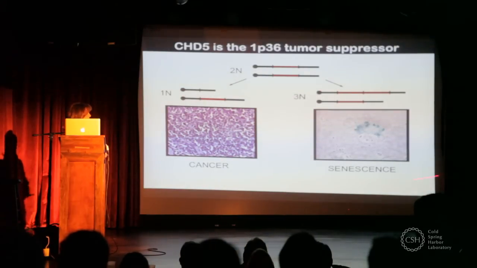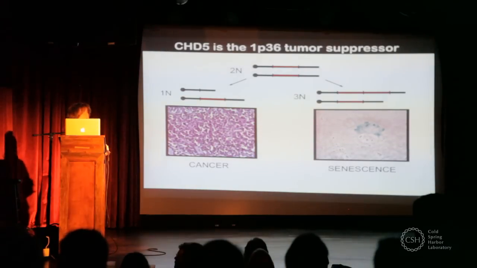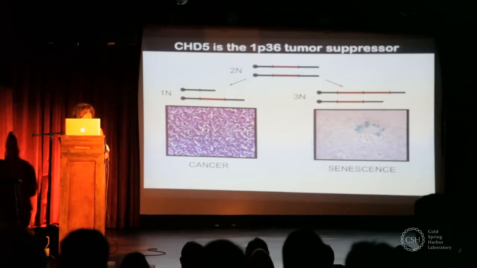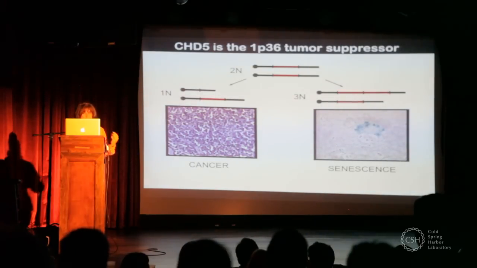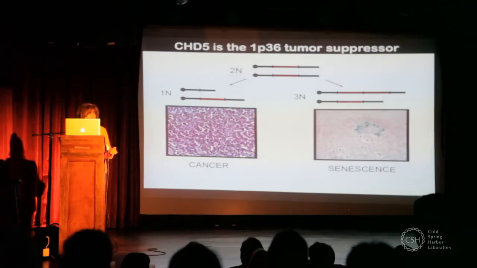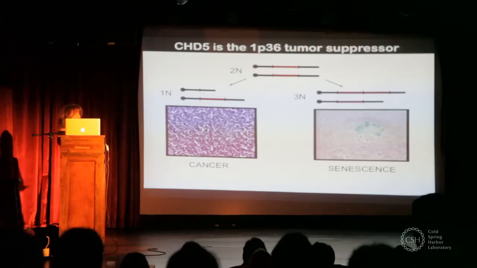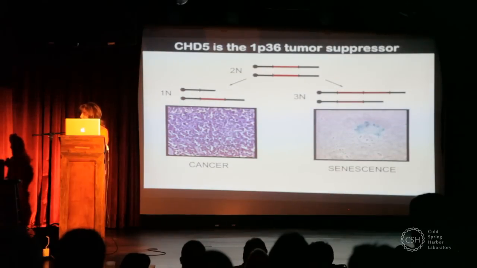And here, instead of getting cancer from having too few copies, these mice died right around birth because they had too much tumor suppression. Essentially, the cell division just shut down, and they had too much apoptosis, or programmed cell death, and the embryos didn't survive after birth. And so this allowed us to pinpoint this region corresponding to 1p36 as having a potent tumor suppressive activity.